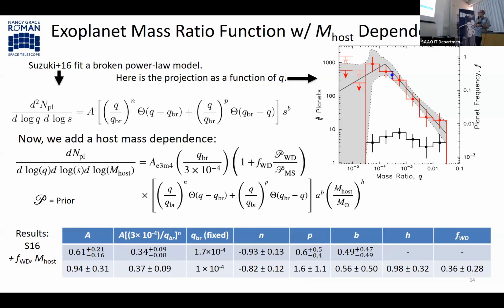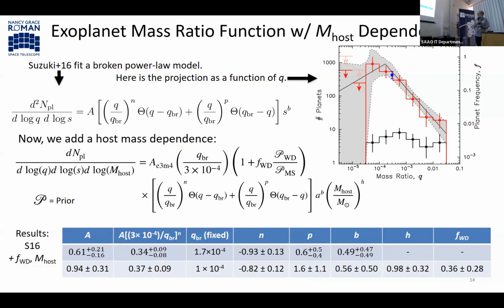And so we find actually a power law here of about 1, so that for the planets that can be found by microlensing, for a fixed mass ratio, they're more likely to be hosted by a more massive star, by 1 power of that mass.